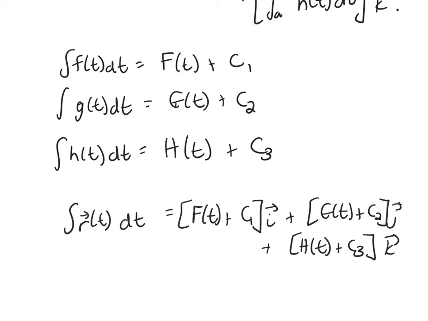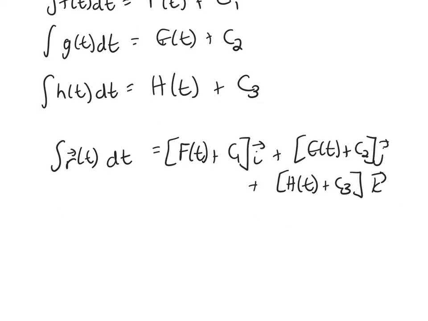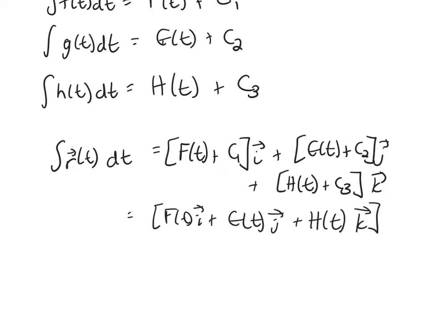And if you distribute and move some things around, you'll get f of t i plus g of t j plus h of t k, plus you'll end up with c1 i, c2 j, and c3 k.